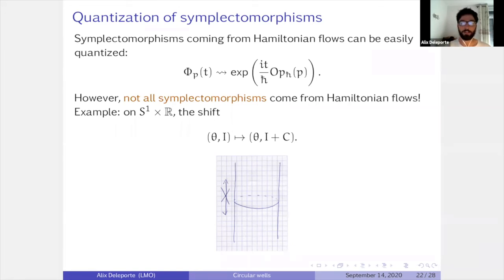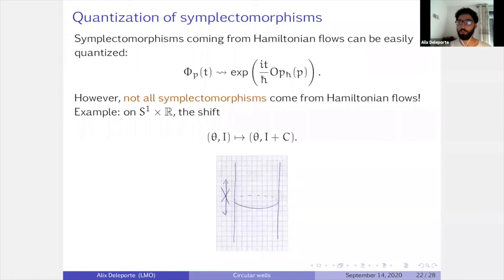The simplest example of a symplectomorphism which does not come from a Hamiltonian flow, and which is forbidden in the quantum world, is the vertical shift on the cylinder. Of course, this change of variables, which I wrote just here, is a symplectic change of variables. But there is no quantum equivalent for it.